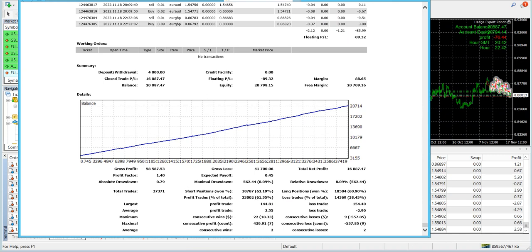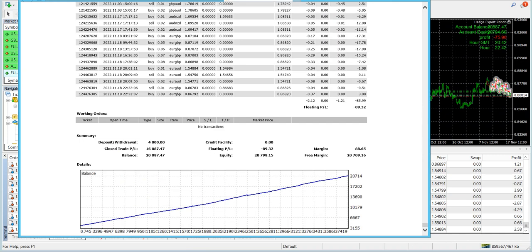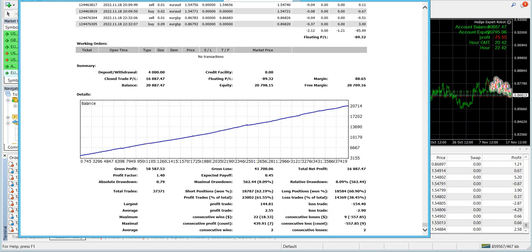So this is the running trade. I'm in the running trade right now, as you have just seen the moment I started creating the report. And this is the trading history.